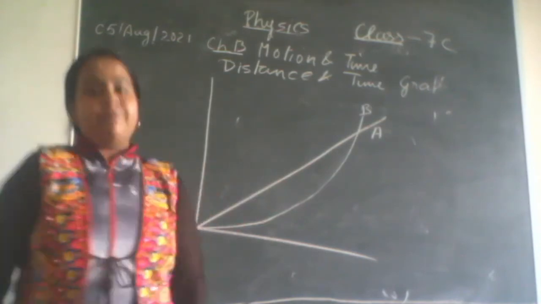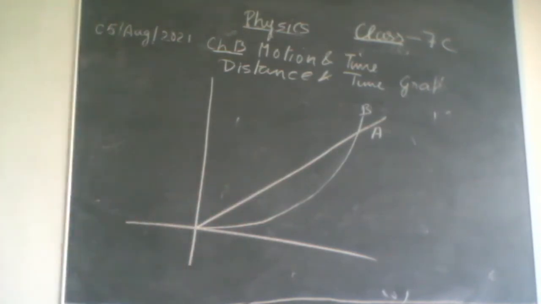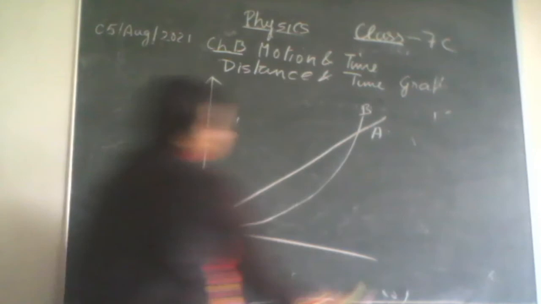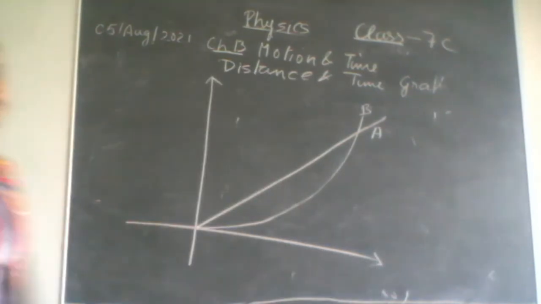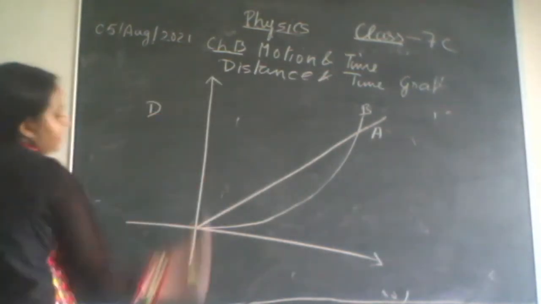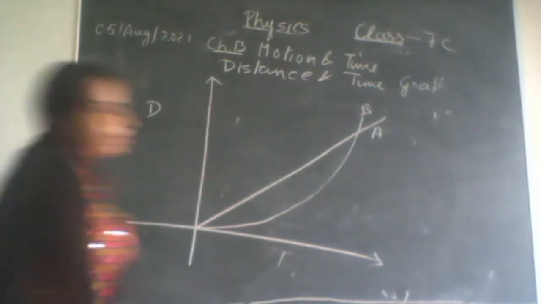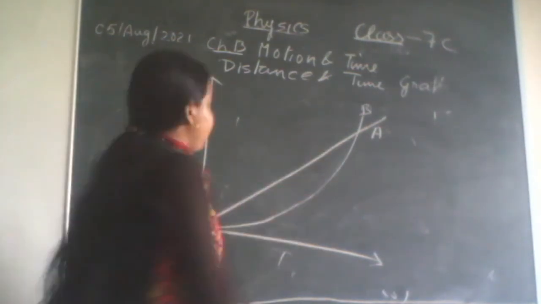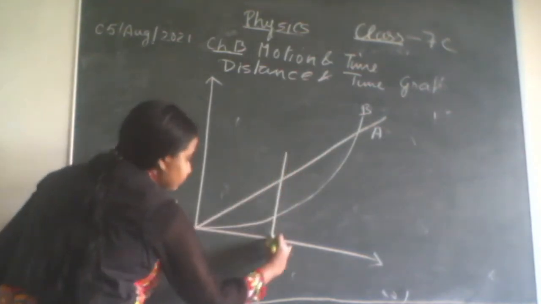Now, one more thing. Without calculation also, you can say which body is faster and which body is slower. Can you? Just by seeing the graph. Can anyone tell me? See, take any point. Suppose I am taking it.